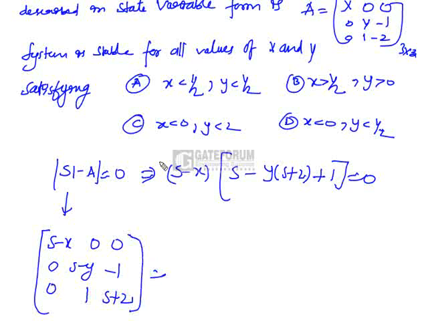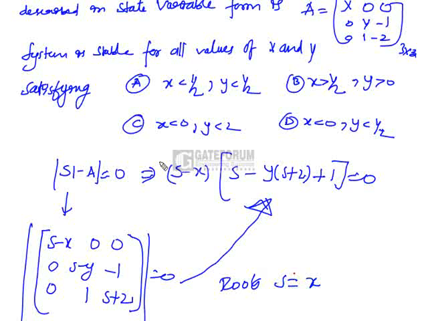Now find this determinant equated to 0, you will get this one. Now from this, roots are s is equal to x, and I can write this one as root 1.